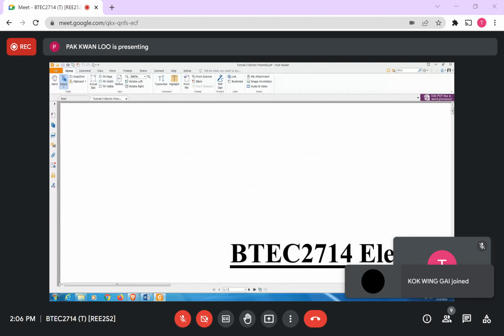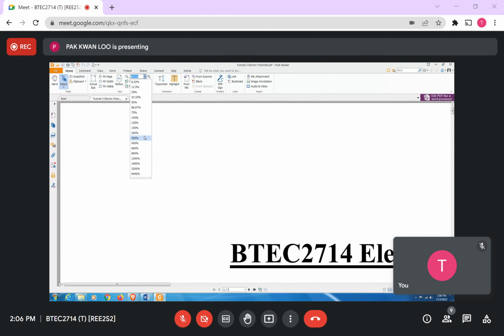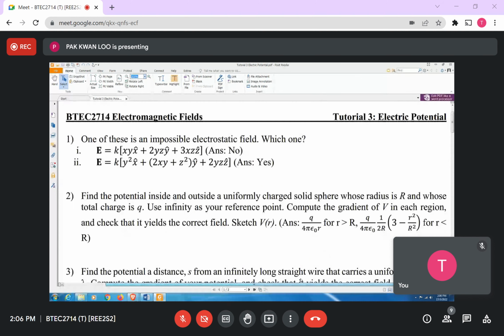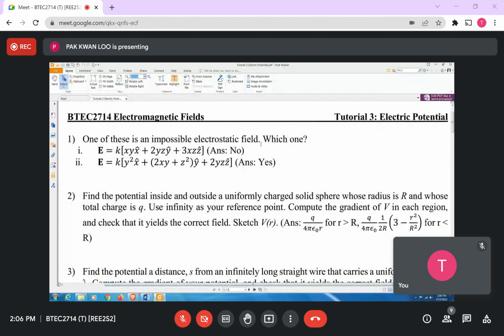How do we determine whether it is an electrostatic field? How do we do that? Any idea?